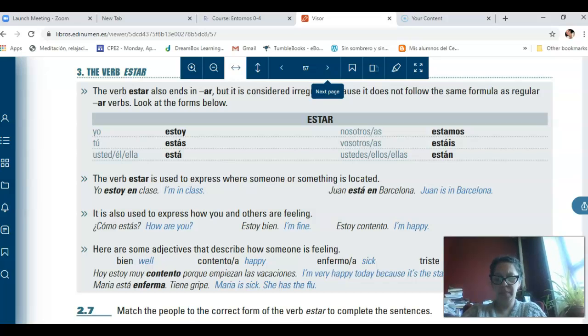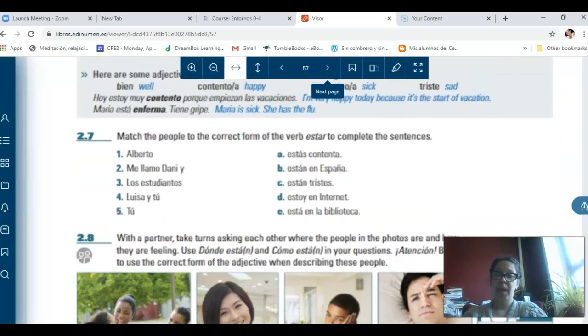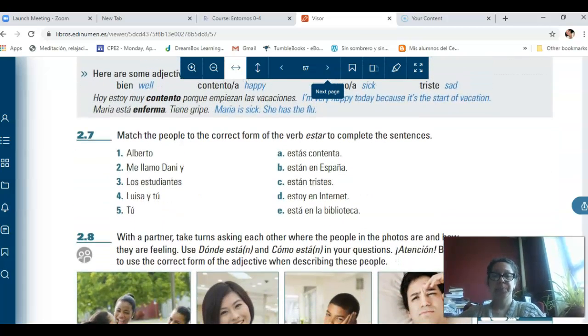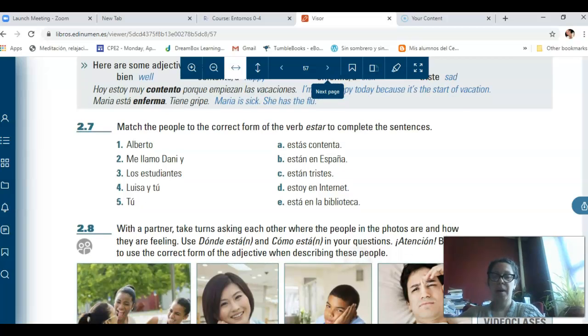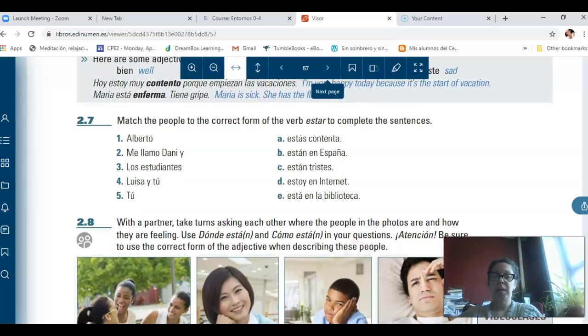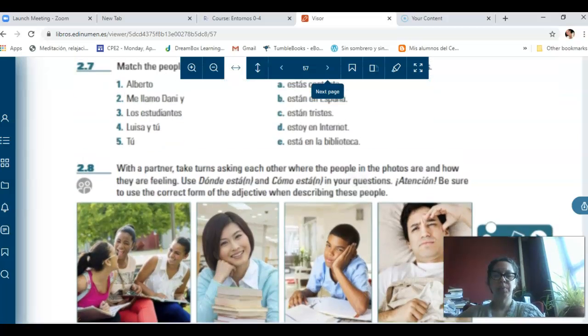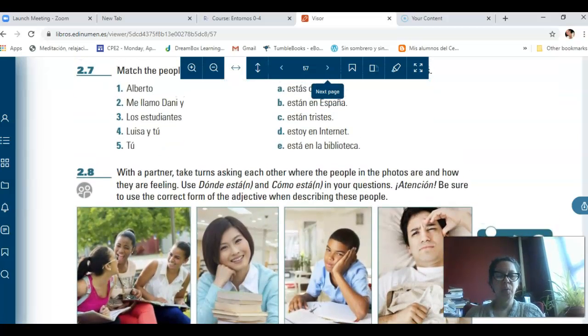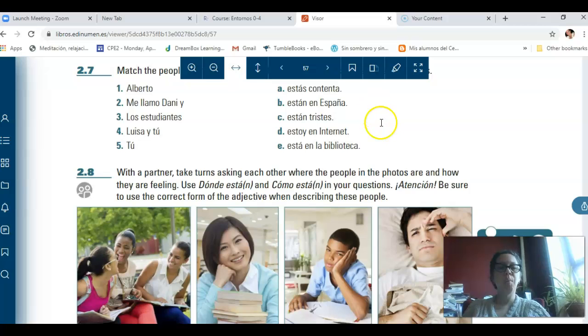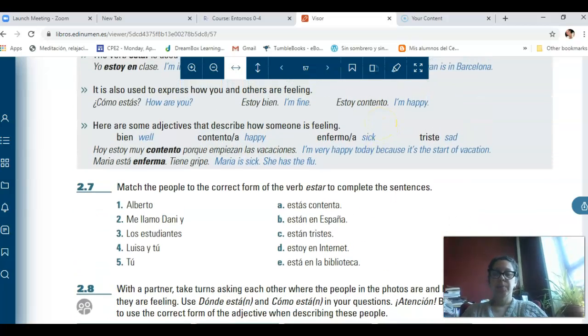Estoy enferma. ¿Sí? Estoy enferma, estoy enfermo. So practice. Here we have some activities, match, and then express how they feel, where they are, dónde están, cómo están. Okay? Bien.